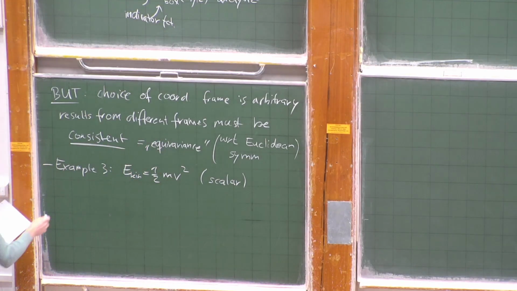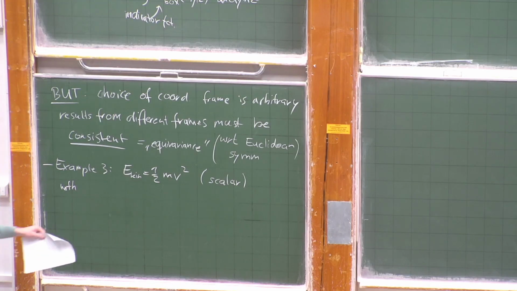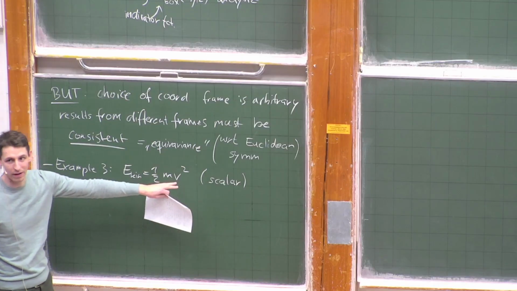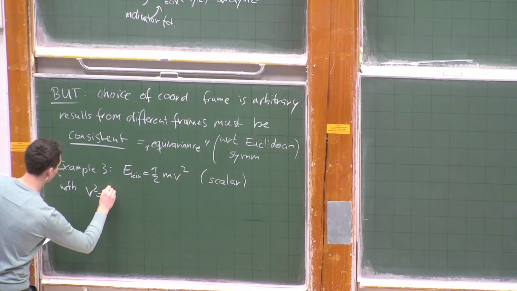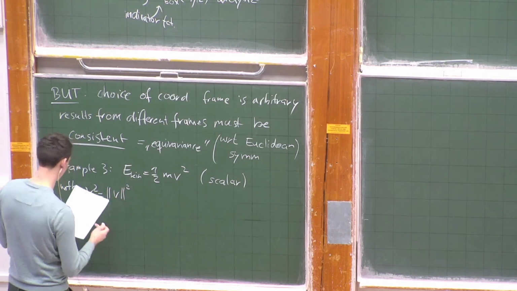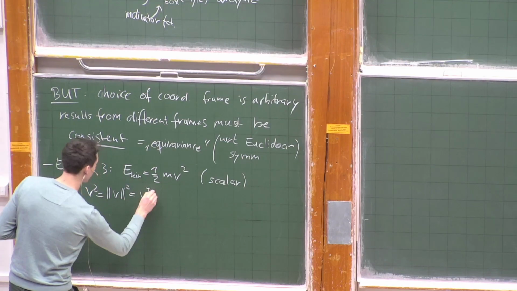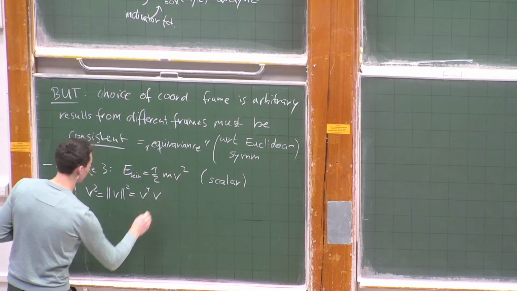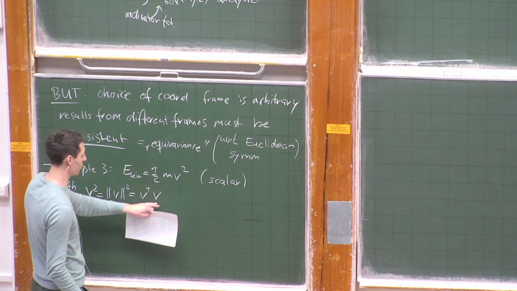And how can we see that this is a scalar? What do we mean when we write v squared here? Really, we mean v squared to be the squared norm of the velocity vector. If we would write it out not in components, but as vectors, it would look something like v transpose v.